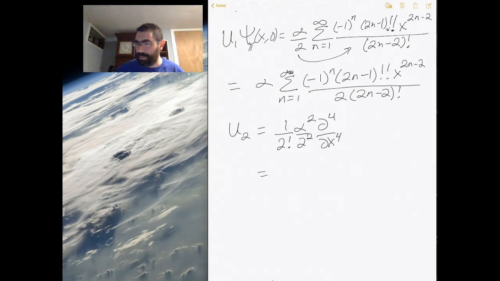So in the end I get alpha squared, 2 to the 2 is 4, times 2 factorial will be 8, the fourth order derivative.